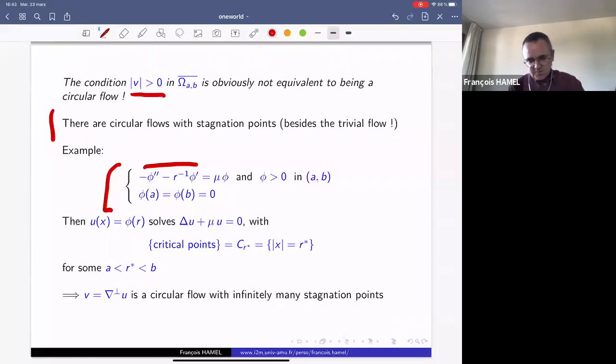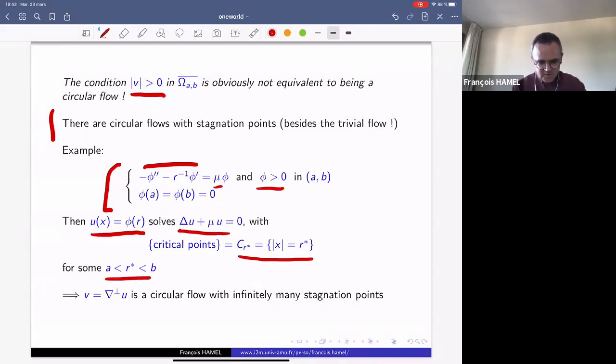If I consider phi to be the principal eigenfunction and mu the principal eigenvalue, still with Dirichlet boundary conditions, then the function u, where u of x equals phi of norm of x, solves this linear equation, Laplace u plus mu times u equals 0, and the set of critical points is equal to the whole circle with a radius r star, which is between a and b.